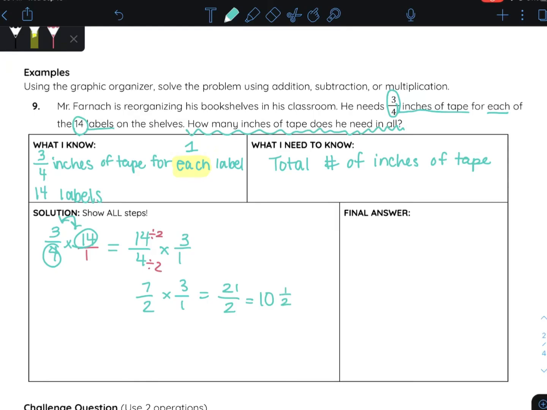So 10.5. And then over here in my final answer box, it was 10.5 what? Inches. That is terrible. 10.5 inches of tape. And there you have it.